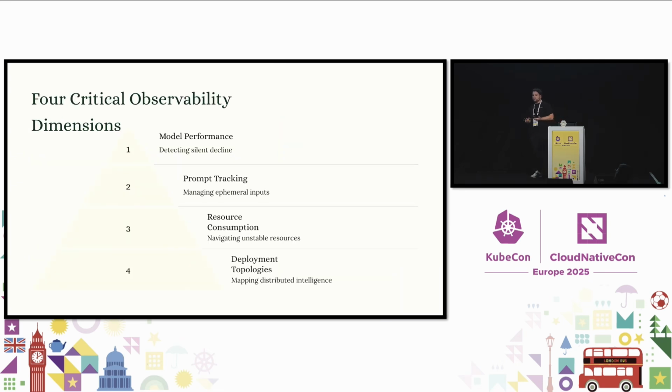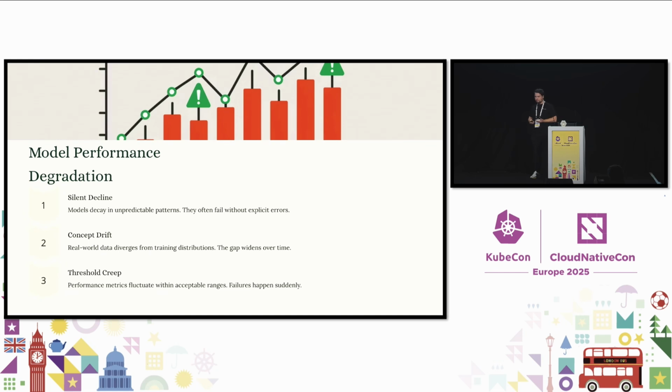Those are the four critical observability dimensions, and I'm going to deep dive on each one. First, model performance degradation: a silent decline. Models decay in unpredictable patterns, and they often fail without any explicit errors.